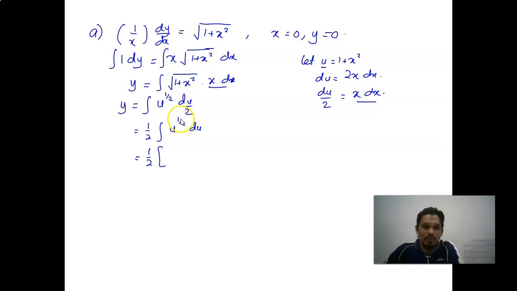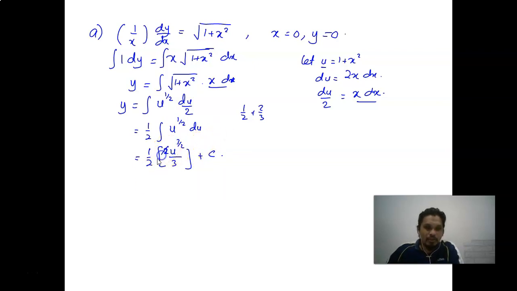Integral of u to the power of 1 over 2 is u to the power of 1 over 2 plus 1, or 1 over 2 plus 2 over 2, which is u to the power of 3 over 2, divided by 3 over 2, or change it to 2 over 3. Plus c.